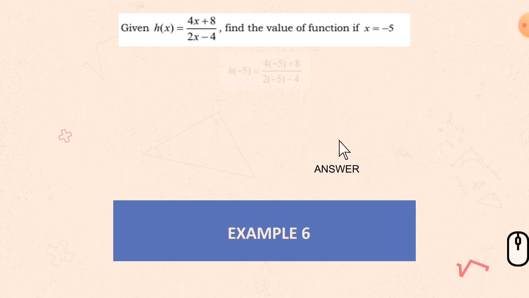So magiging ganito. H of negative 5 is equal to 4 times negative 5 plus 8 over 2 times negative 5 minus 4. And then simplify. So 4 times negative 5 is negative 20 plus 8 over 2 times negative 5 is negative 10 minus 4.